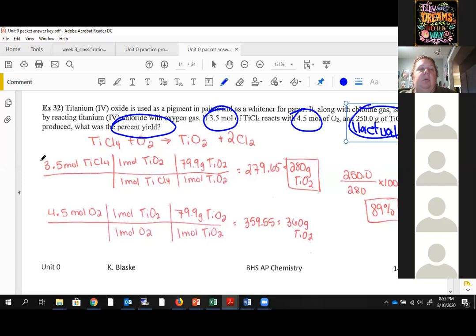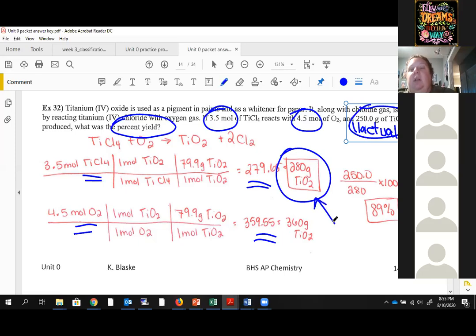So I'm starting with moles, so I don't need that first grams to mole step. Convert moles of titanium chloride to grams of titanium oxide, to moles of oxygen to grams of titanium oxide, and I find that this is my limiting reactant, and so this is what we call our theoretical value.